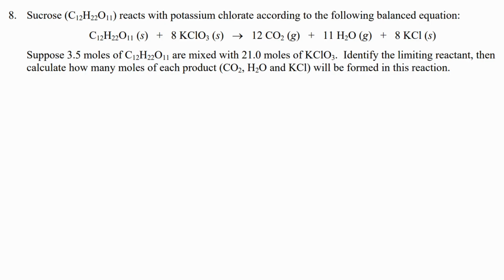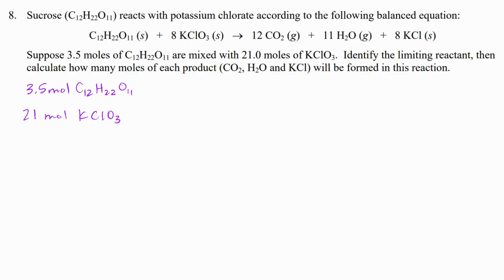So we're going to start with the numbers we are given, which is 3.5 moles of C12H22O11 and 21 moles of KClO3. So using these two values, we're going to figure out what is limiting.